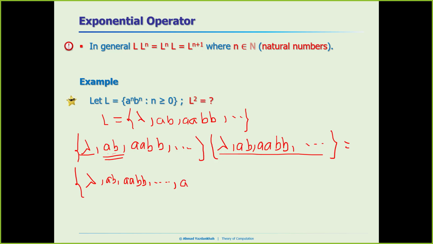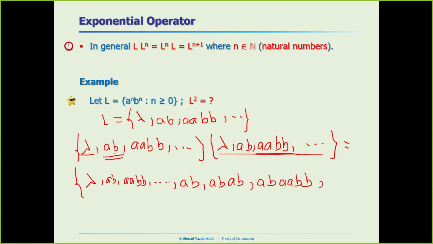AB with lambda will be AB. AB with AB will be ABAB. All right, AB with this guy, what do you get? ABAABB. What is this? And we can continue.